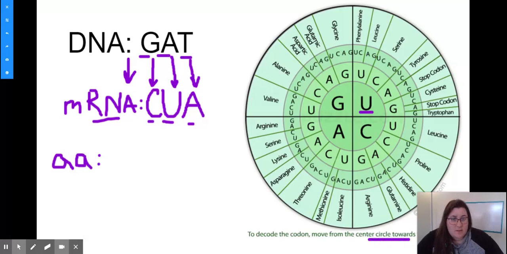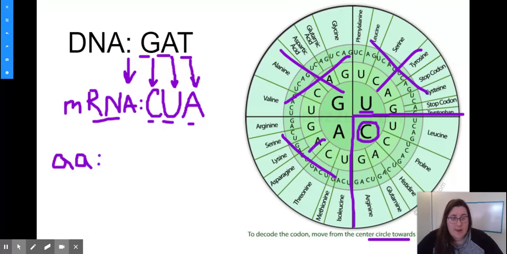The first thing I'm going to do is, out of this bigger center circle where it says G, U, A, and C in really big letters, find the C. I can see that I've got the C right here, which means I'm only working in this corner of this pie chart. So I've already eliminated the G section, the U section, and the A section. I'm only going to be using this bottom corner here.